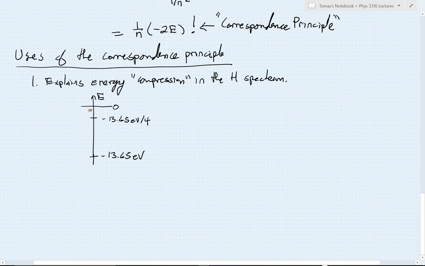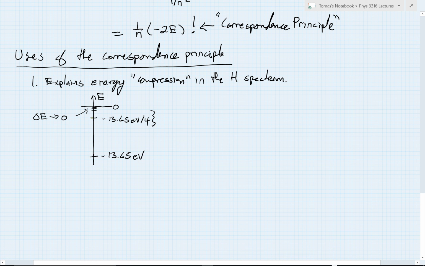And then there's another one divided by 9, which is approximately 1/10 of this distance. So I don't know, it would be about here. And then divide by 16. You know, they get smaller and smaller and smaller. What you'll notice is that the energy levels get closer and closer together as the energy increases.